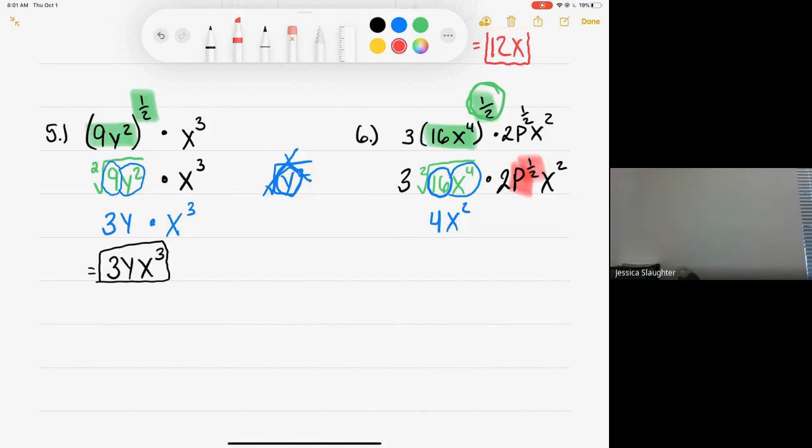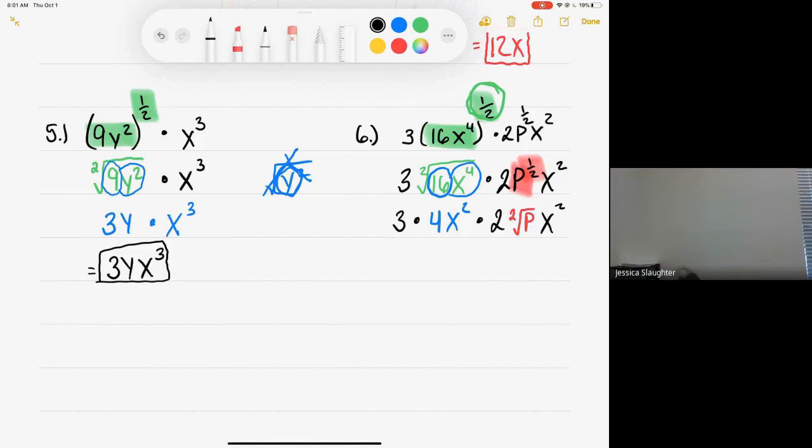It only affects the p because there's no set of parentheses, so it only affects when it's directly touching. So I need to put this in the square root as well. This would be the square root of p. And then I need to bring down 2 and x squared, and then this 3 that's out the front. So now I have everything down on that line.